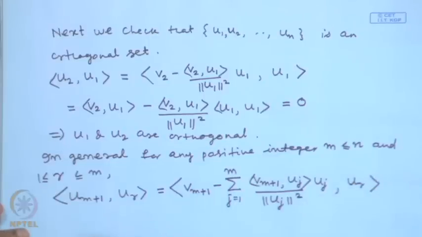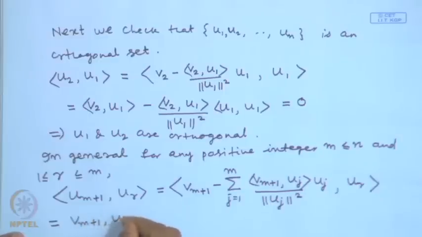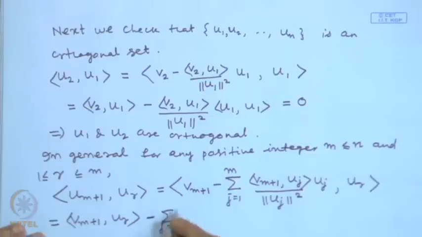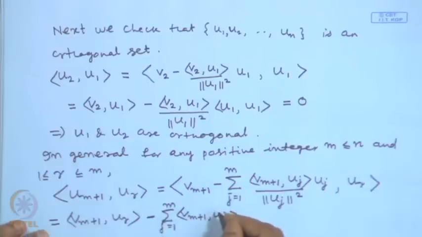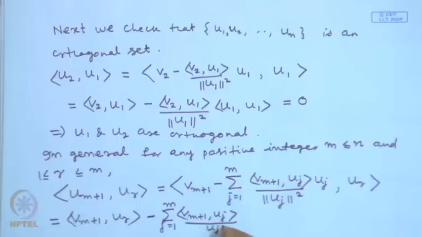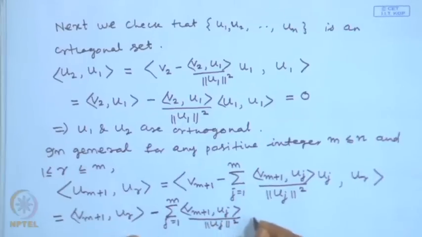On simplifying, we get the inner product of v m plus 1 with u r minus the summation, j from 1 to m, of the inner product of v m plus 1 with u j divided by u j norm square, times the inner product of u j with u r.